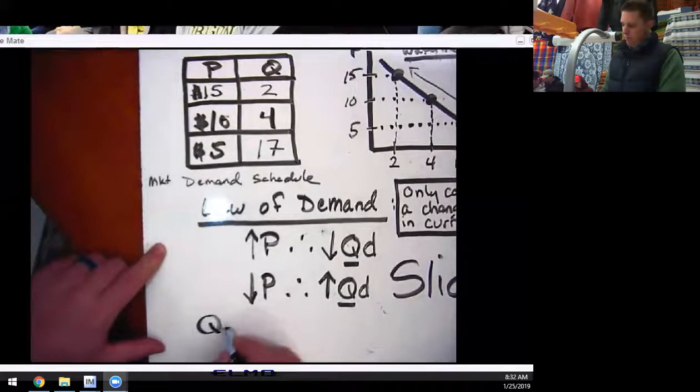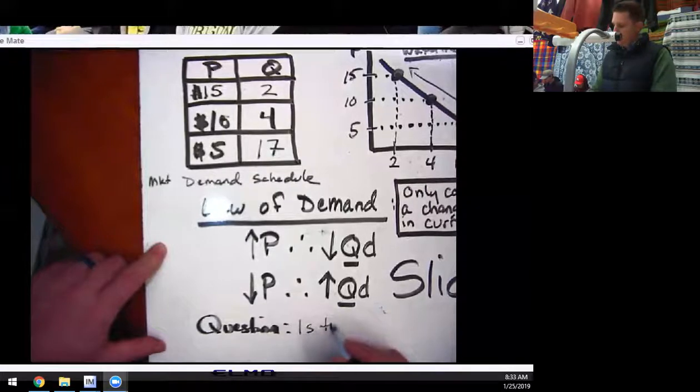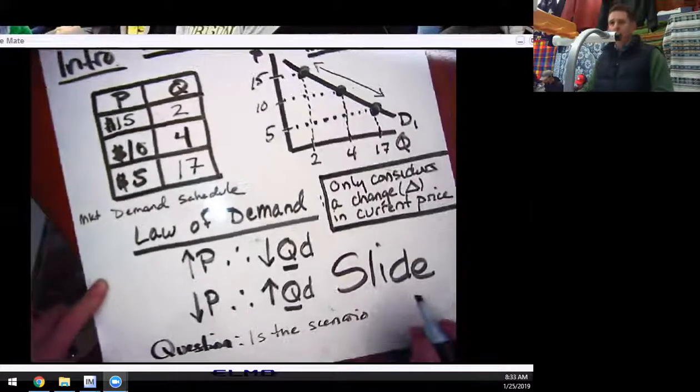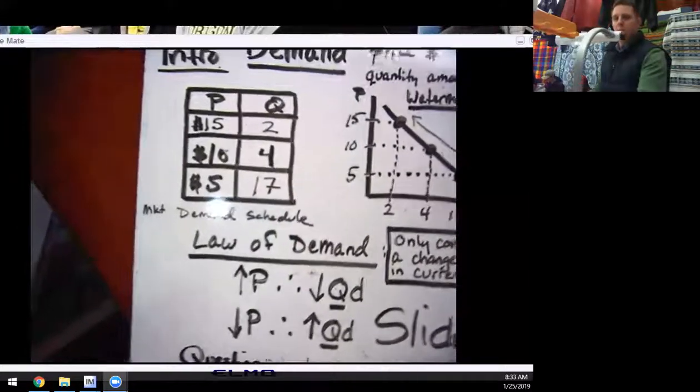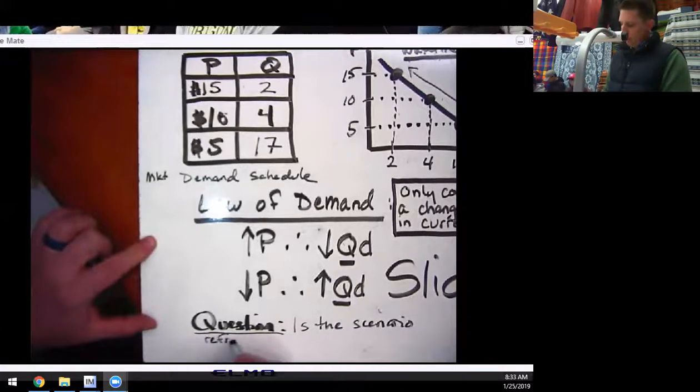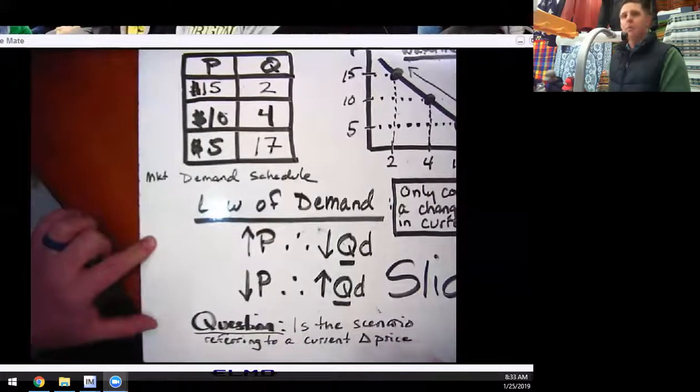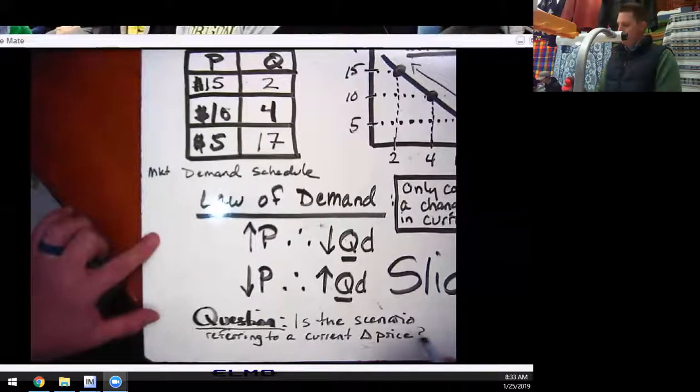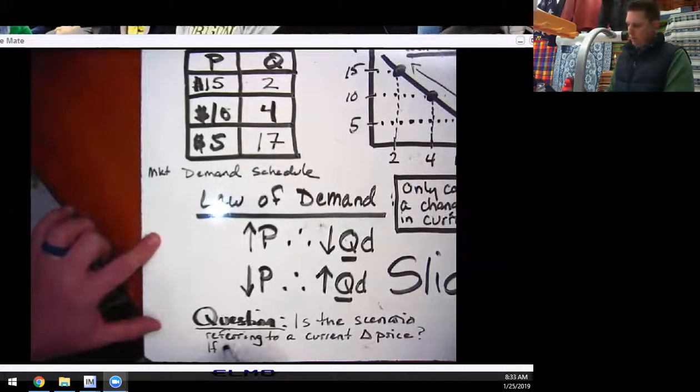Question: Is the scenario referring to a current change in price? If so, it's a slide.